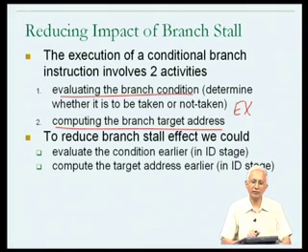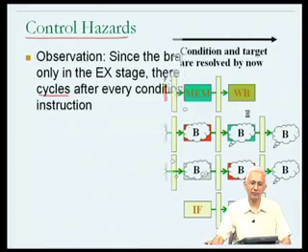So, as a very aggressive piece of hardware design, we might say we can try to reduce the branch stall effect by evaluating the branch condition earlier, in the ID stage, and computing the target address earlier, in fact in the same ID stage. And we need to think about this a little bit because it doesn't seem feasible.